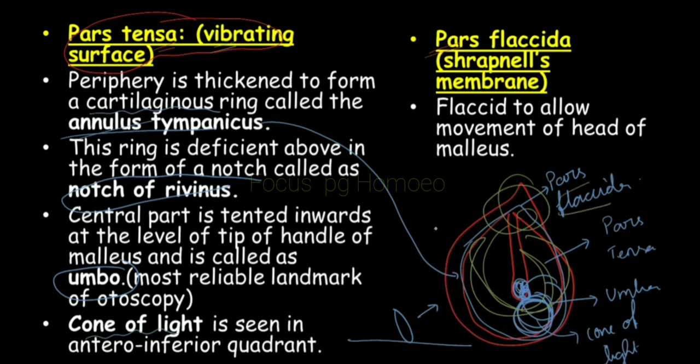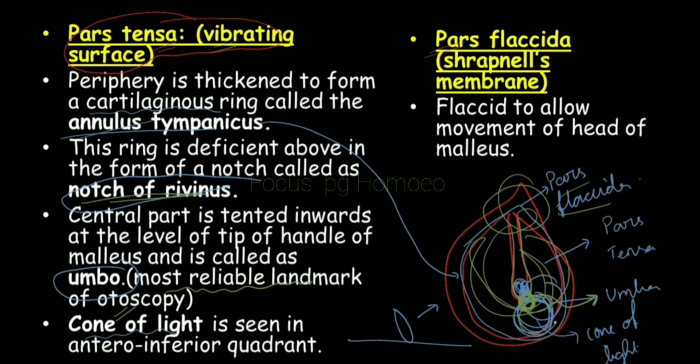Here there is a deficiency called the notch of Rivinus. In the central part comes the handle of malleus, which is the bone in the middle ear cavity, and near this area is the umbo, which is the most reliable landmark of otoscopy.